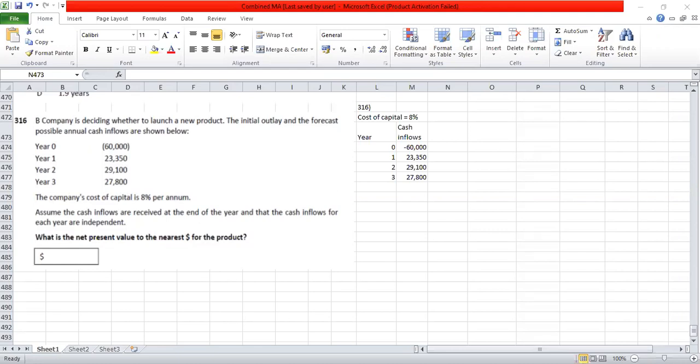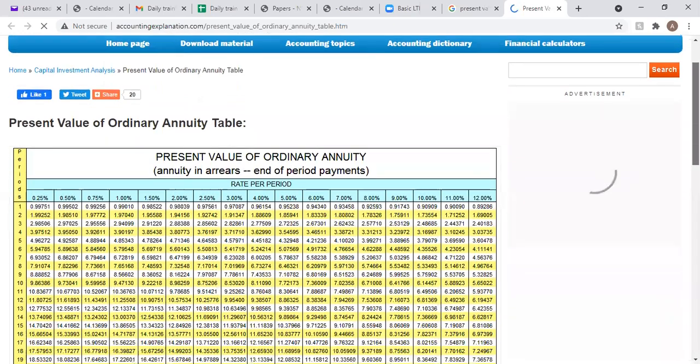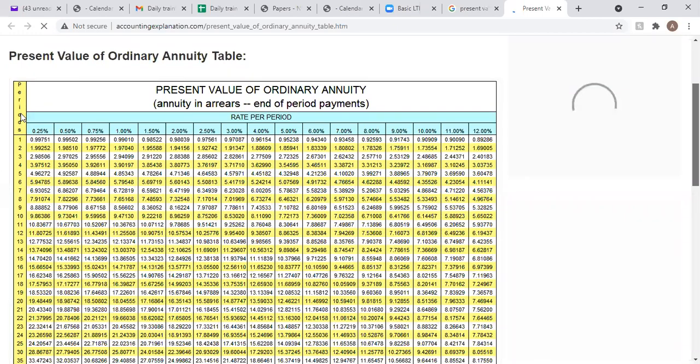One second. I'm trying to open it in the Google thing. See, these are table values. We would see that vertically the first column is the number of years periods and the rate is mentioned here.